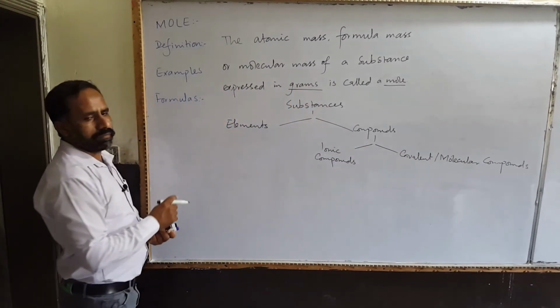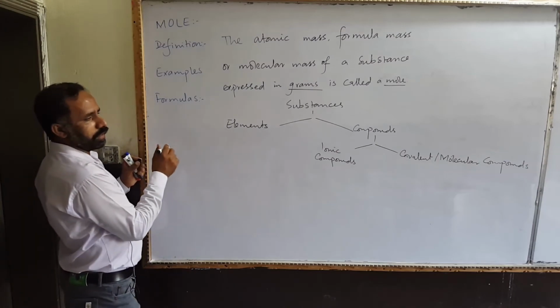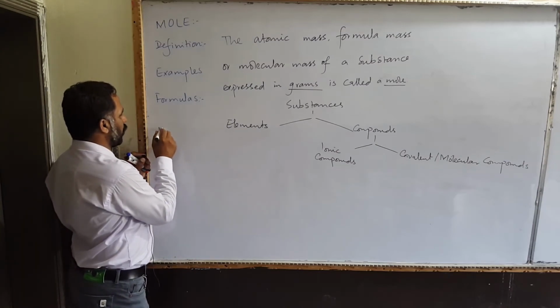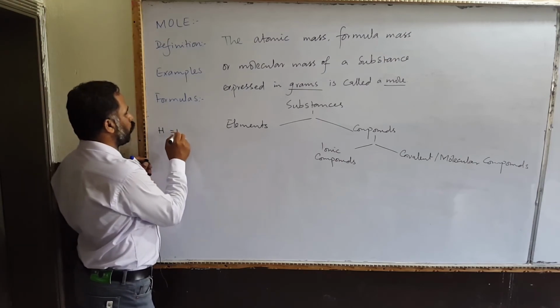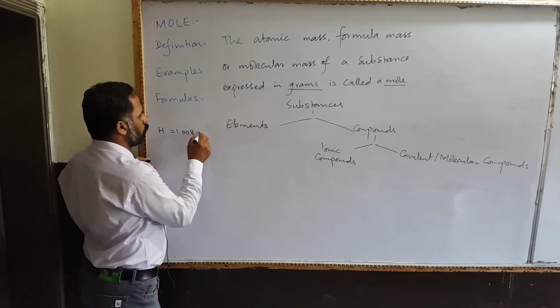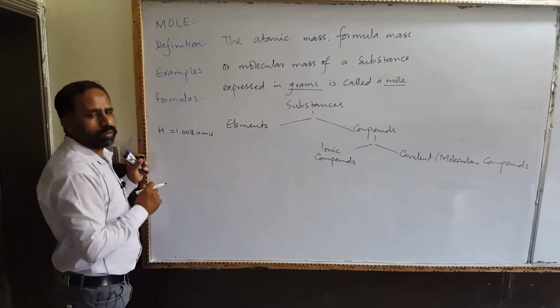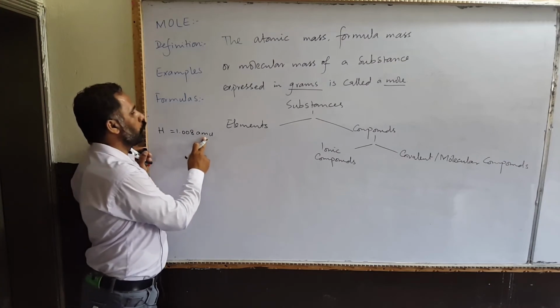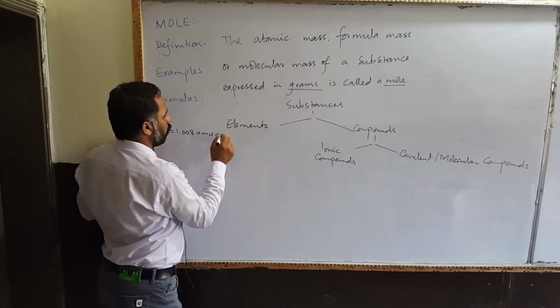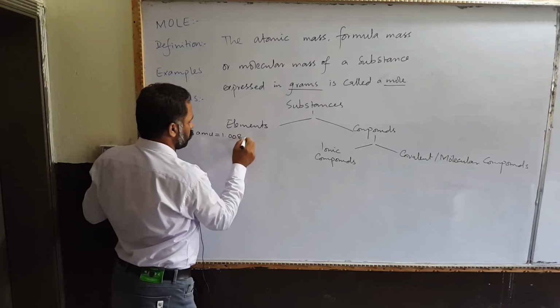First we take examples for the elements. The first element is hydrogen, symbol H. It has atomic mass 1.008 AMU, but we have to calculate this atomic mass in gram, not in AMU. So we will take 1.008 gram.